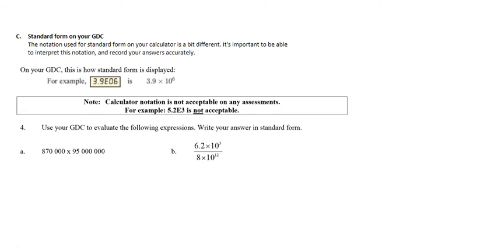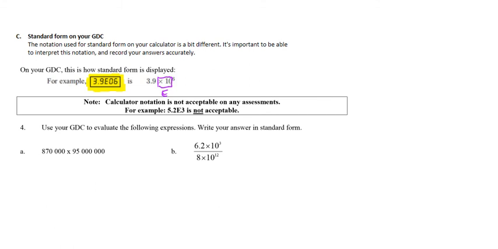So on your GDC, you might often see a scientific notation answer written like this, 3.9E06. Basically, the E represents the times 10, and the 06 represents the exponent of positive 6.